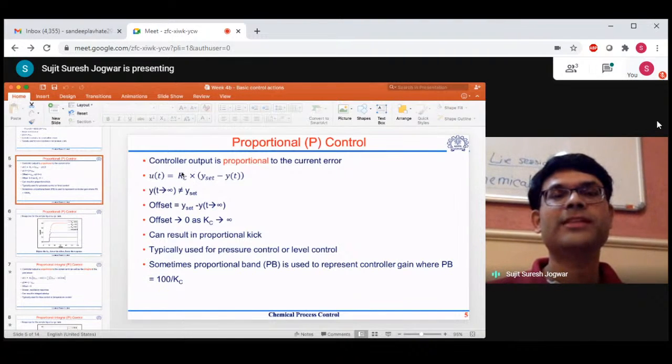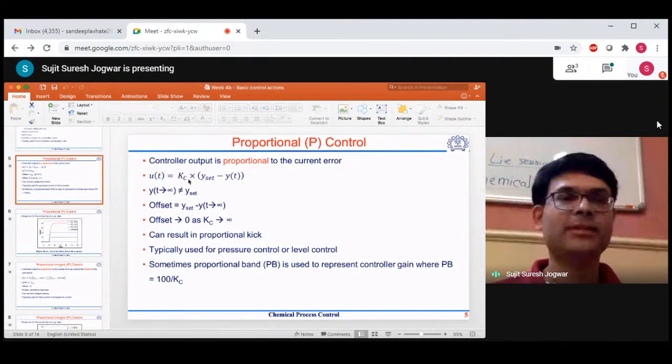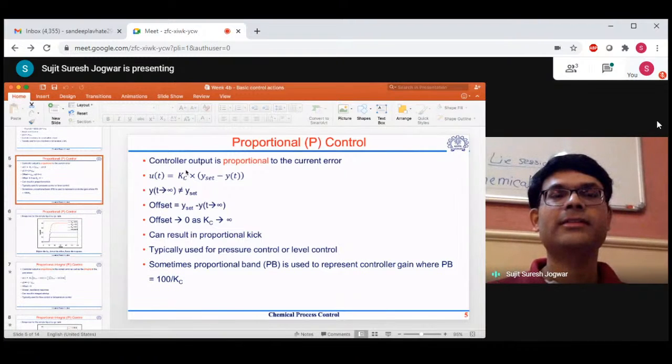So if your process gain is negative, your controller gain in most cases will also be negative. I am assuming that KV and KM are equal to 1. In that case, if process gain is positive, KC will be positive, and if process gain is negative, controller gain will also be negative.